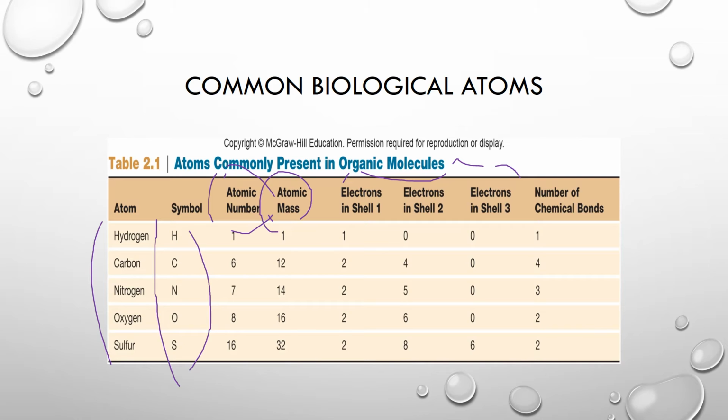So, just so we have a clear understanding, atomic number has to do with the number of positive protons, and only protons here. Atomic mass is going to be the number of protons plus the number of neutrons, okay? And so where do we find both protons and neutrons?